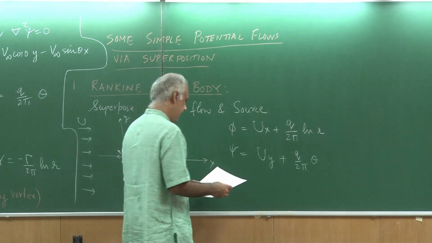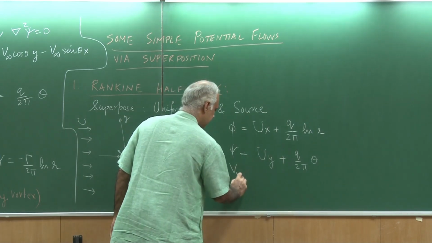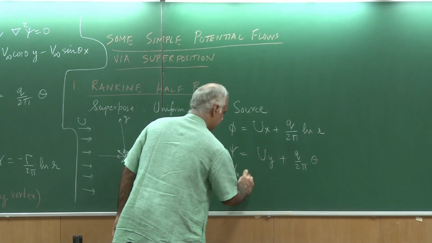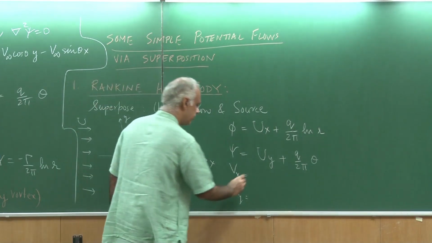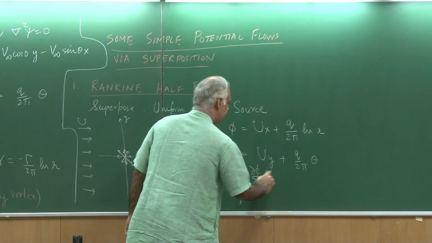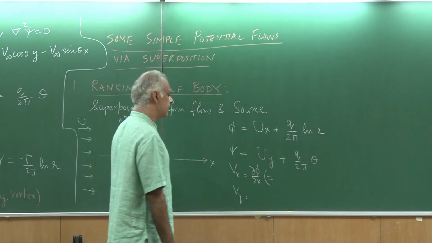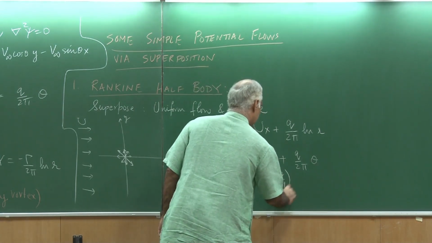Okay. Next, what I can do is try to obtain Vx and Vy. These are the x and y components of velocity. As you know, Vx is actually del phi del x. In fact, I could also obtain it from the stream function, and that would be simply del psi del y.